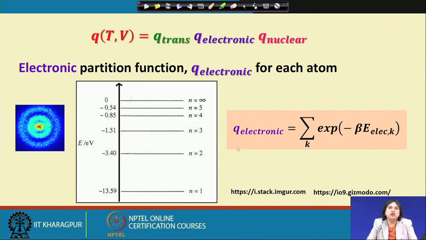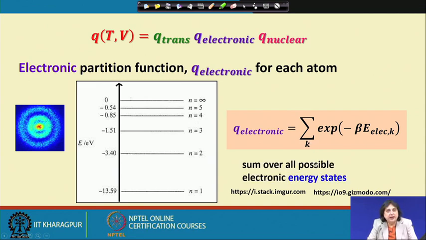By definition, q electronic is a summation over all possible electronic energy states, which I represent using this index k, of the exponential function of minus beta times E electronic k, the kth energy eigenstate of the electronic energy of this particular atom.